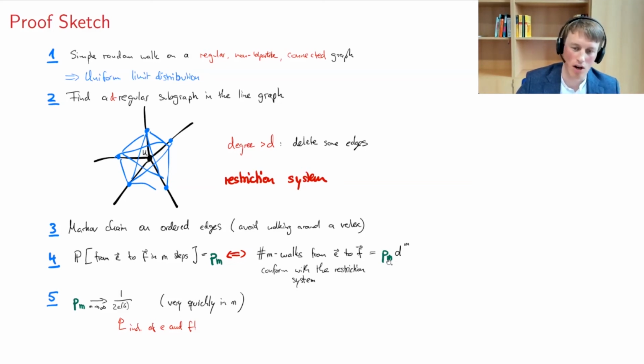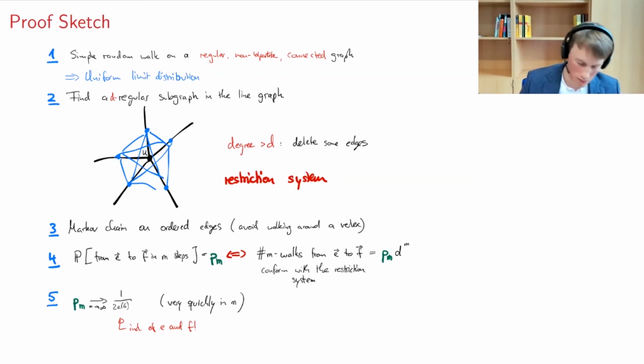So you can somehow relate the number of walks to the probability. And then if you use number one, because you have a regular graph, this Markov chain actually mixes rapidly to the uniform limit distribution, and it's independent of E and F. In particular, you can take E equals F and calculate the probability that you're back at a certain edge after a fixed number of steps. This will be roughly the same for each edge.